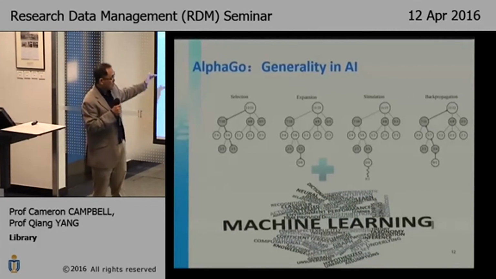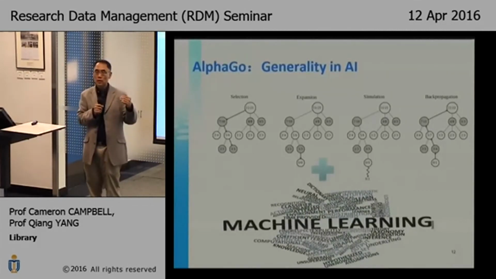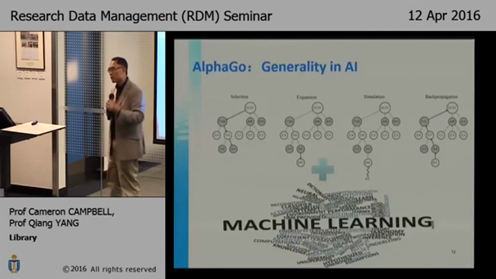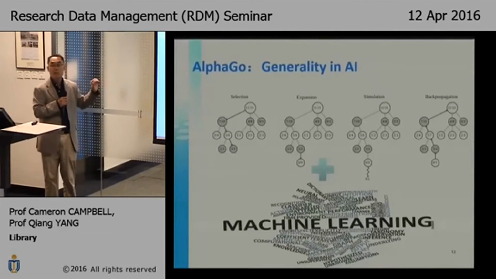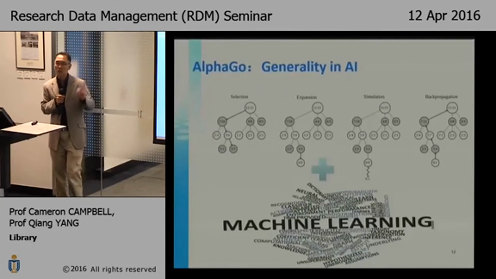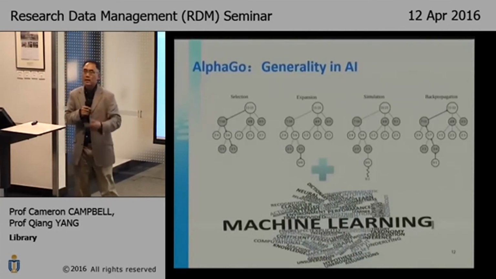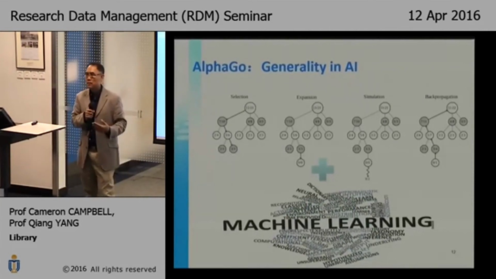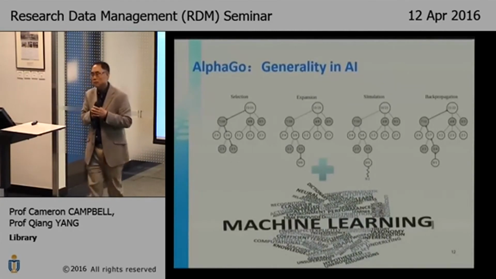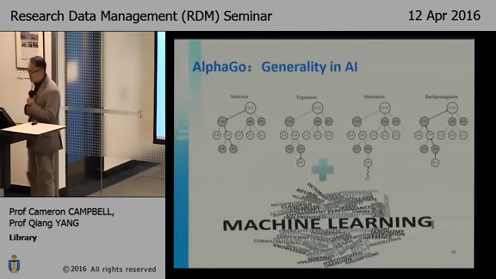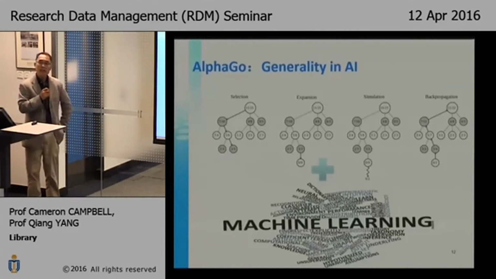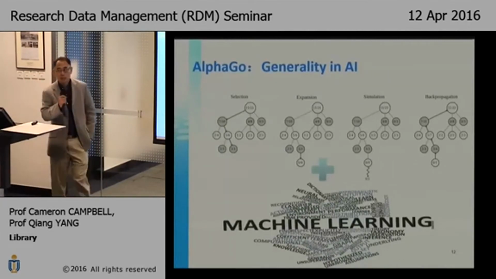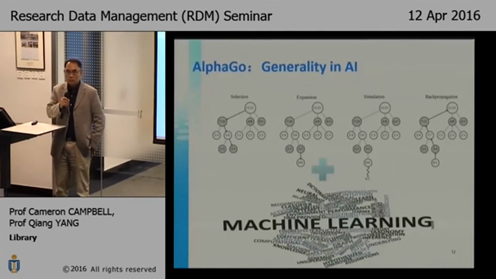They also let AlphaGo play by itself, and that generated a further 30 million game boards, and they used that for training. So this is what we mean by big data. It's humongous. But without humans patiently playing over the last 10, 15 years, we would not be able to get the data. So this teaches us one thing: if you want to make an innovation, and this innovation relies on data, you have to live long enough.